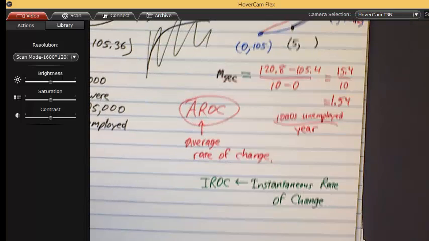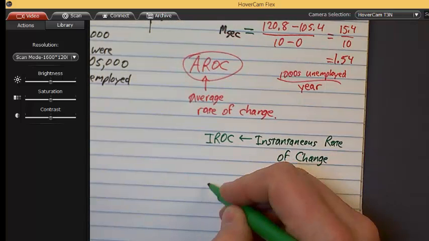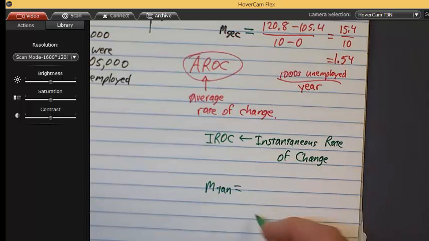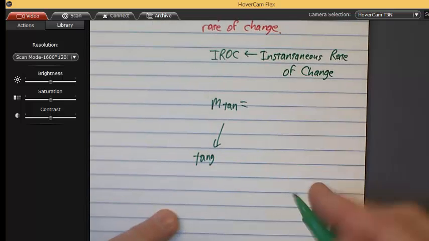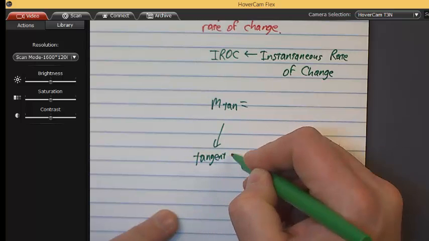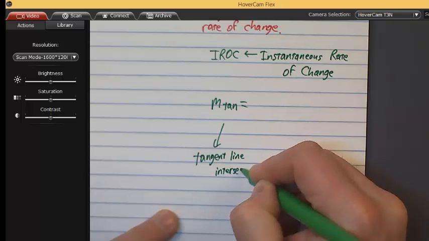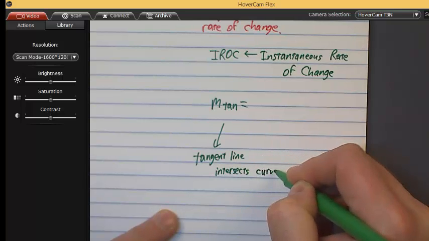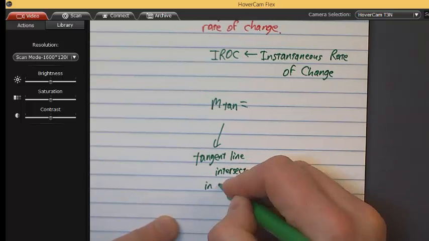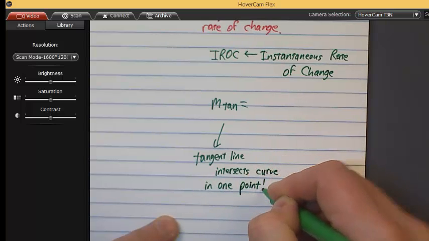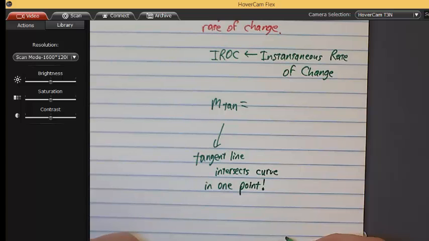And that's not a secant line anymore. That's what we call the slope of the tangent line. So a tangent line intersects the curve in just one point.